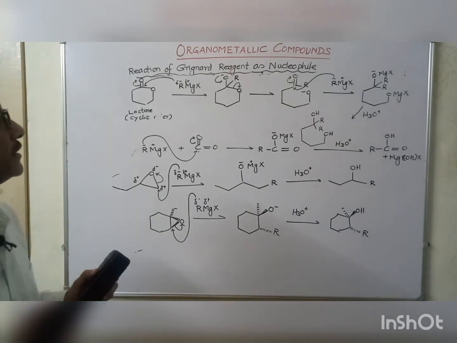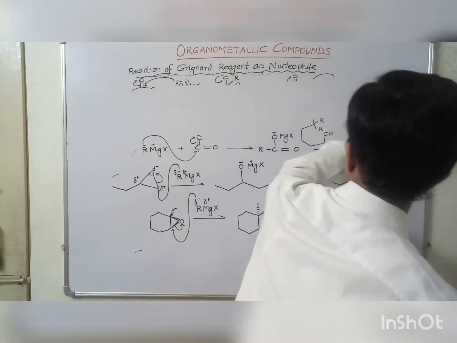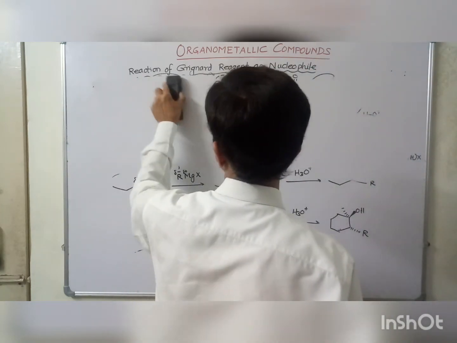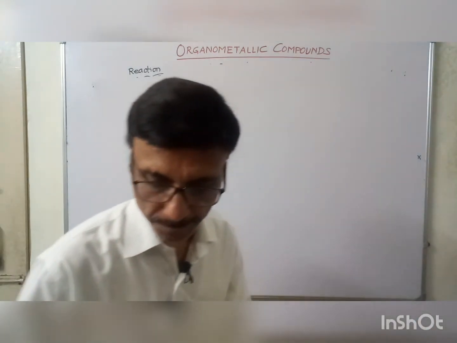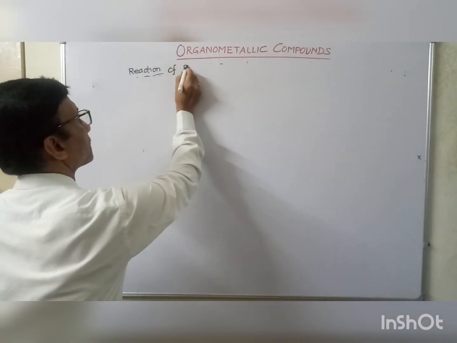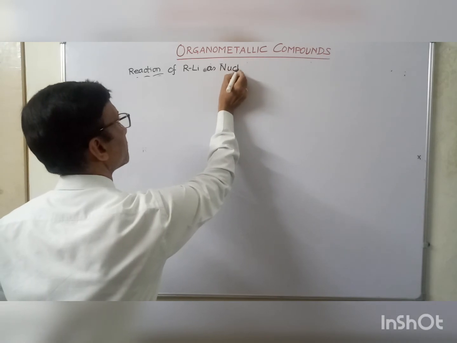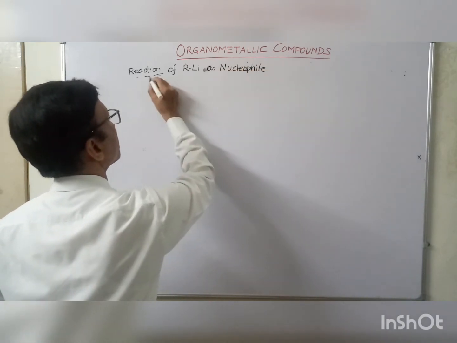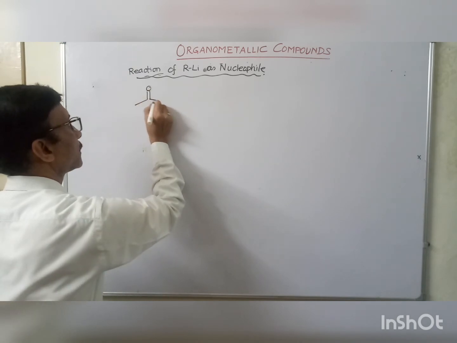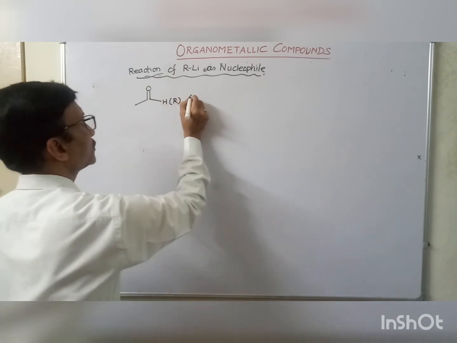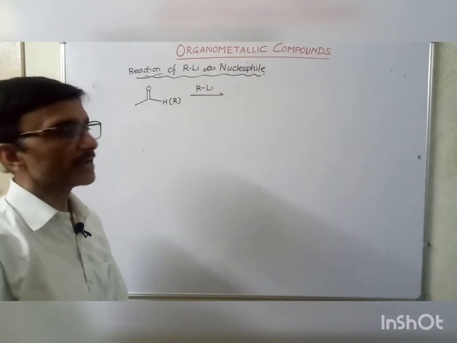Now, in the same way, we can write the reactions of organolithium compounds. Mostly the reactions remain the same. So the reaction of an organolithium compound with a carbonyl compound: suppose we have any aldehyde or ketone, then again in this case it will act as a nucleophile.